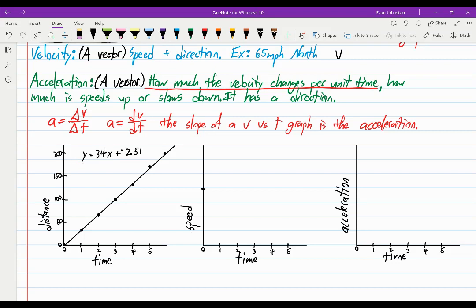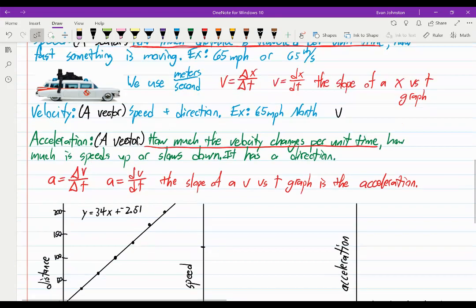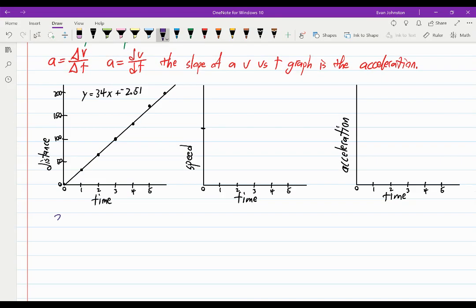So let's say I put it on the computer and my computer gives me this as my equation for it. And we go, wait, how do I figure out how fast it's going? Well, maybe I could look here and say this is like 35, and it's over 1. We know that speed is distance per time, so if it's gone 35 centimeters over 1 second, that tells me I'm going 35 centimeters per second.